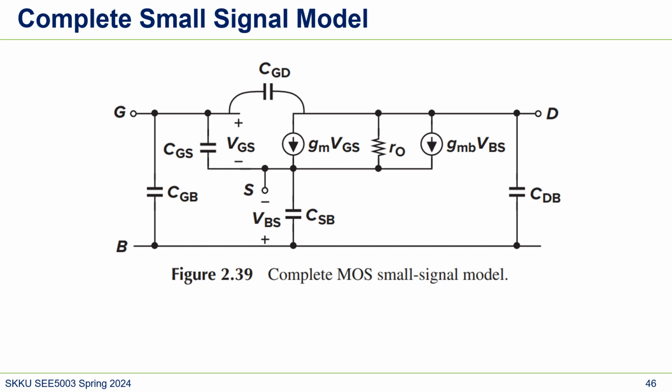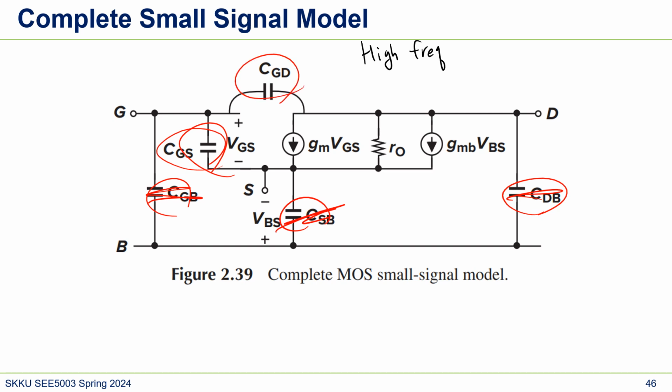This slide shows the high frequency small signal model. The point here is that we see a lot of caps. We just added a lot of caps. Usually we don't use some of these, but the CGS and CGD are important.